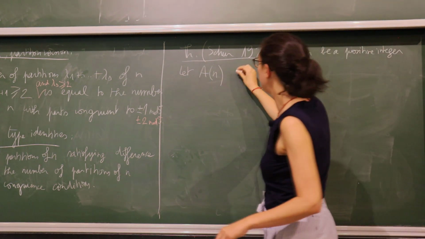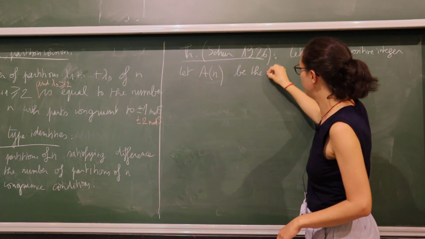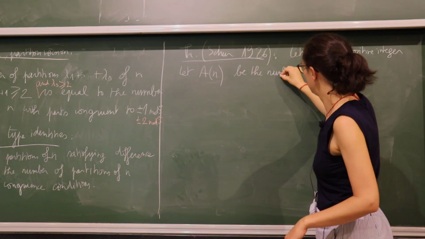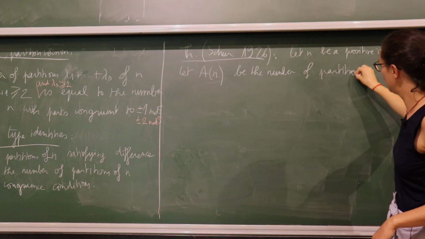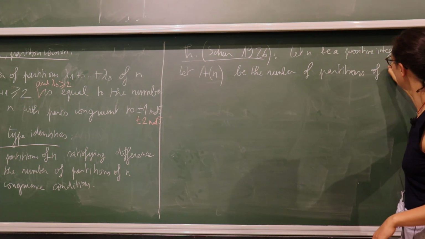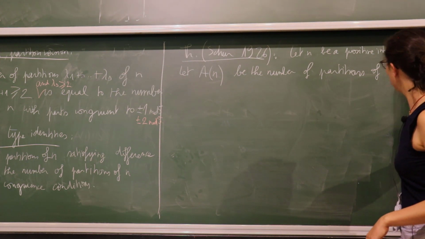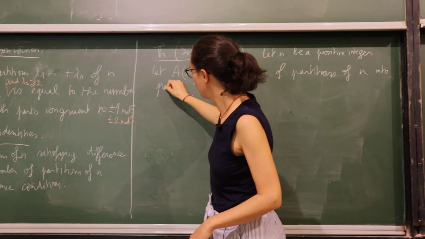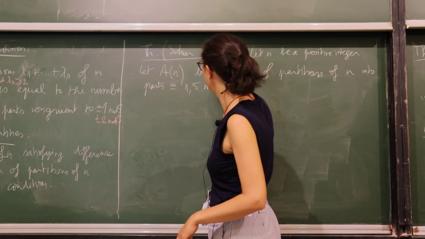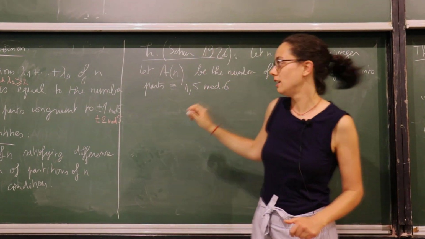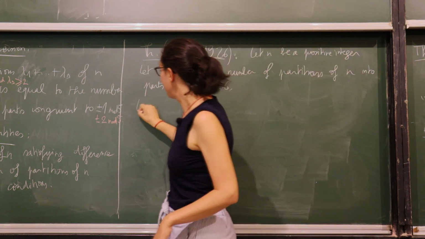So let A of n be the number of partitions of n into parts congruent to 1 or 5 mod 6. So that's the first set.